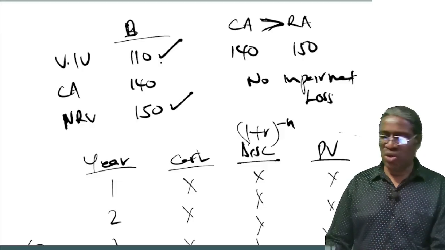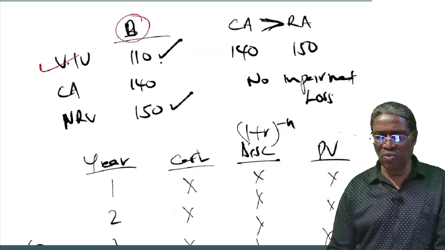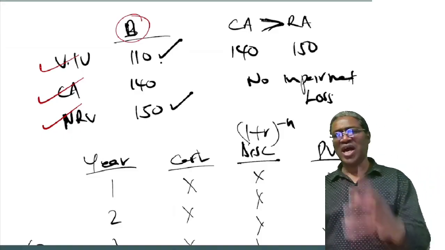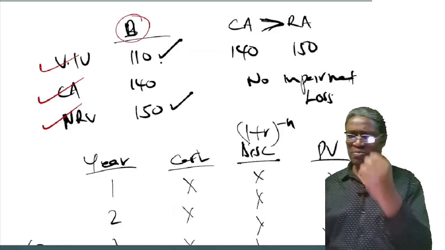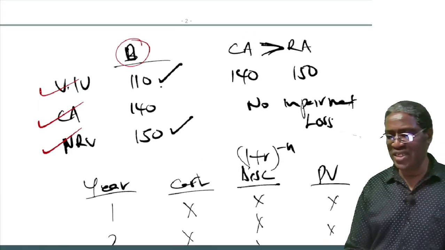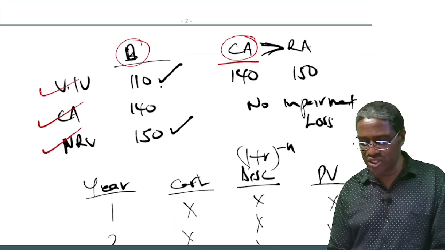I asked you, what if another company has an asset B, which has a value in use of 110, the carrying amount is 140, and the net realizable value is 150? Could it have suffered an impairment loss? So we had to test again. How? By identifying the carrying amount, which in our question is 140.